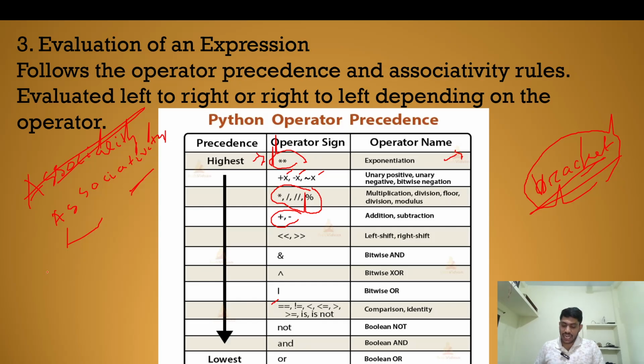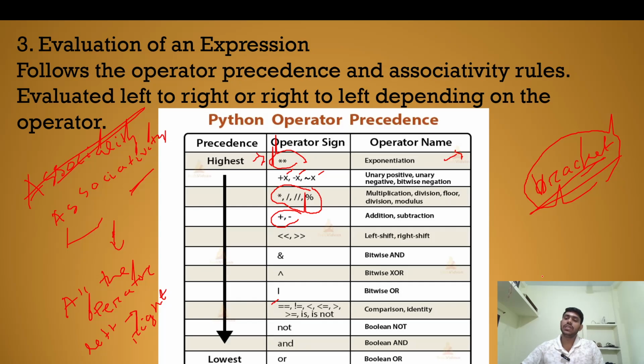The rule is that almost all the operators have left to right associativity, except exponentiation.